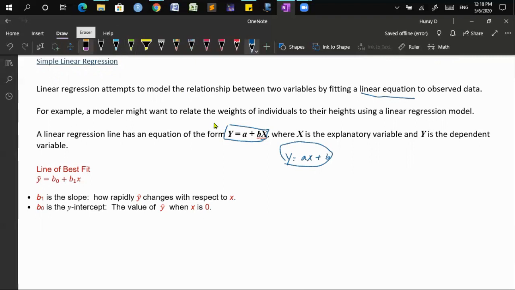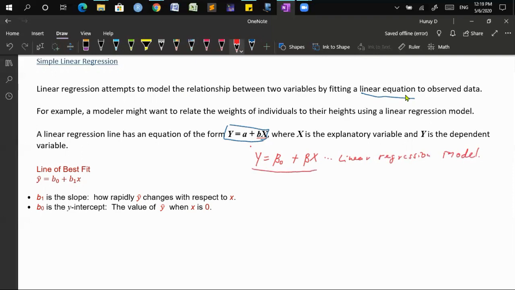In statistics, the model is given by y equals beta naught plus beta one x. This is the linear regression model. Okay, this is how we write the equation.